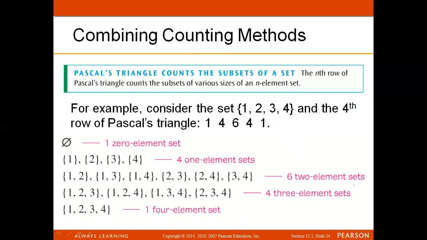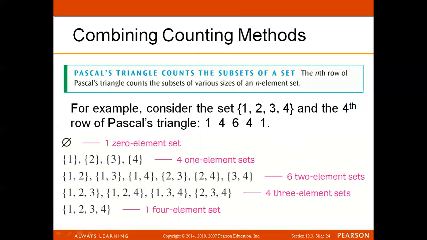We can make 3-element subsets that are 1, 2, 3; 1, 2, 4; 1, 3, 4; 2, 3, 4 out of the set 1, 2, 3, 4. We could also make a set that's just the exact same set of 1, 2, 3, 4. Those are the listed subsets of the set 1, 2, 3, 4, if you remember from chapter 2.